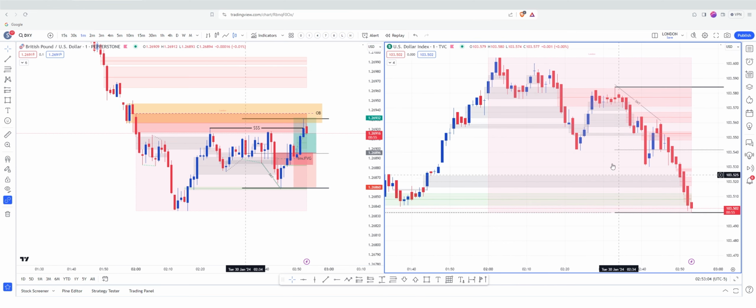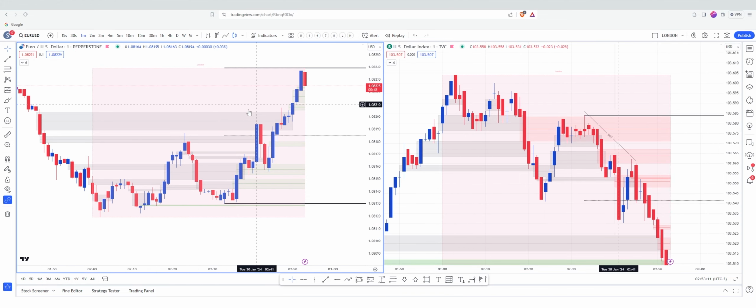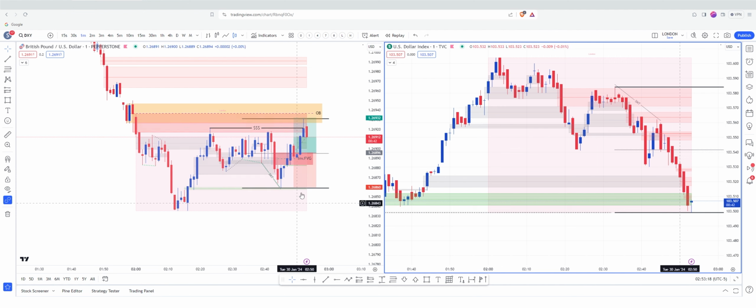Dixie obviously is dropping heavily at this point. The euro is pumping heavily, so with the euro and the pound being directly correlated, you would expect the pound to pump at the same level.